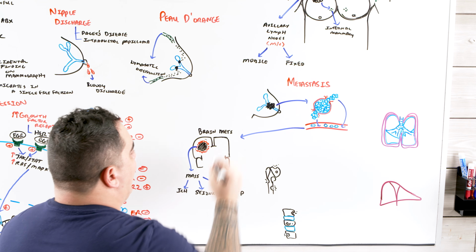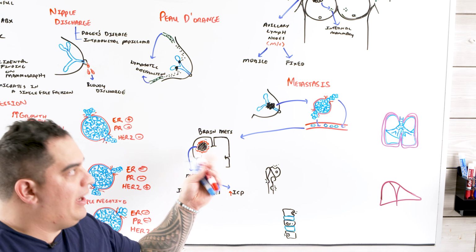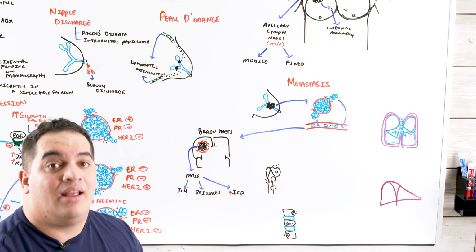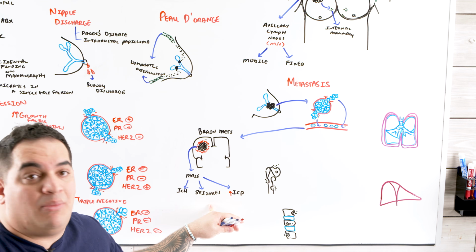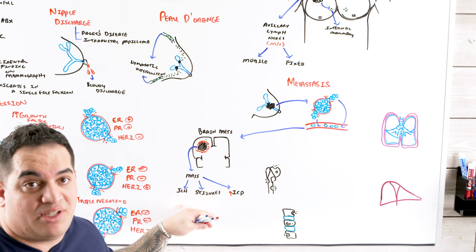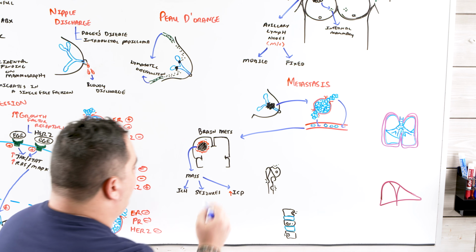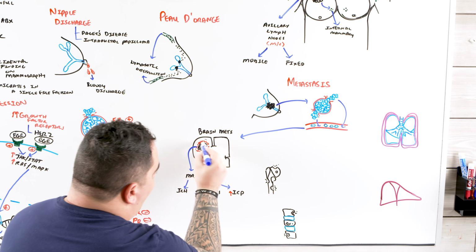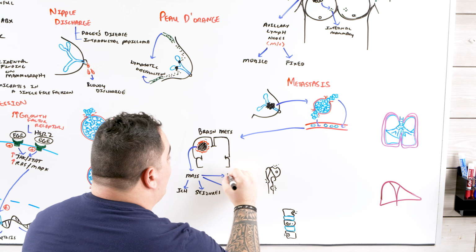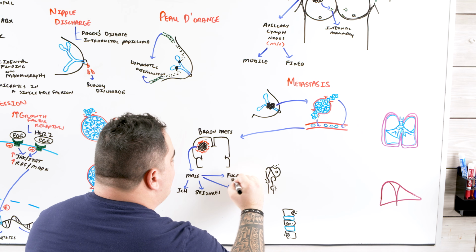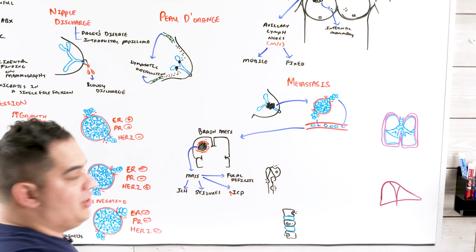Now, these are pretty sad, and oftentimes we'll find this if a patient has breast cancer and they present with headache, nausea, vomiting, blurred vision, they present with seizures, they present with a bleed, and therefore present with focal neural deficits. Or let's just add this on, it's confining an area where normal tissue is supposed to be, and you can get focal neural deficits. If they present with these symptoms, you need to get imaging.